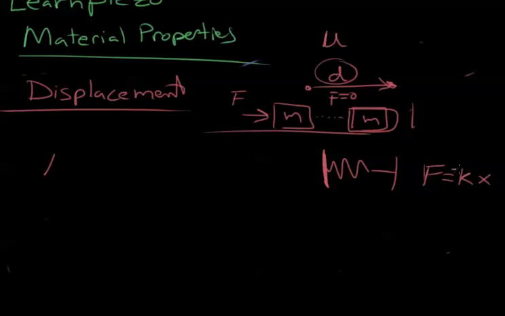I can't remember off the top of my head. Anyway, so you displace it. If you displace the spring this way, the spring's going to push back. So it all depends on which kind of signs you're using. So then force equals the spring constant times the displacement.